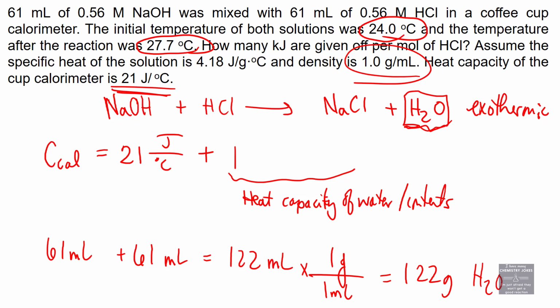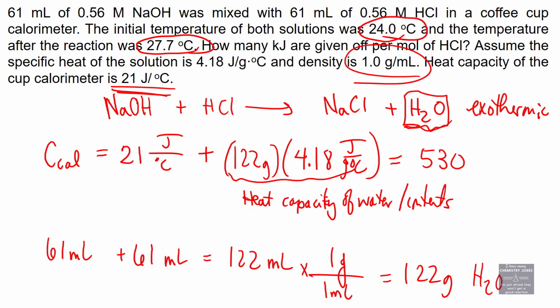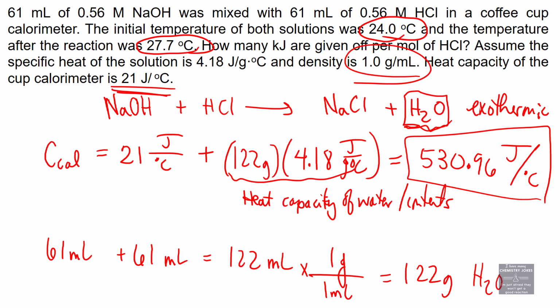So 122 grams of water times the specific heat of water will tell me the heat capacity of my water. Multiplying those two, we get 530.96 joules per degree Celsius. That is the heat capacity of my calorimeter.